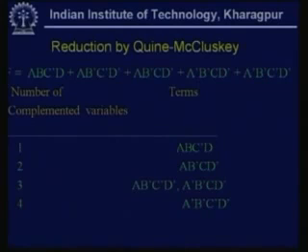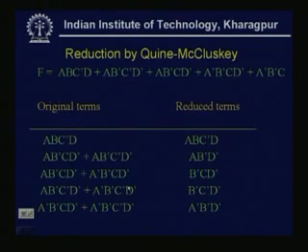So, these are the min terms. So these are the table. Now, I see that original terms and the reduced terms. So, number of complemented variables is only 1. So, I keep as it is because it is not reducing anything.